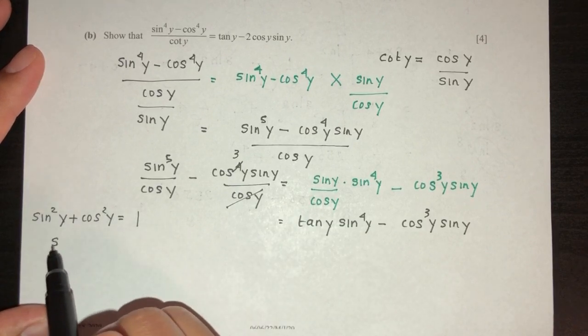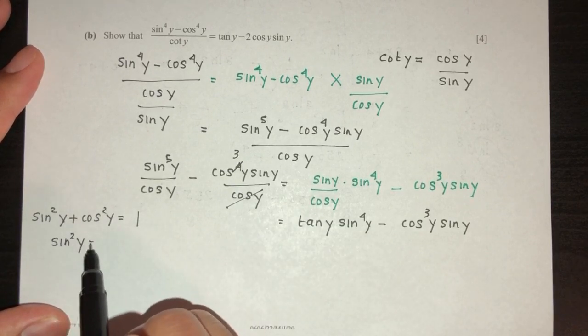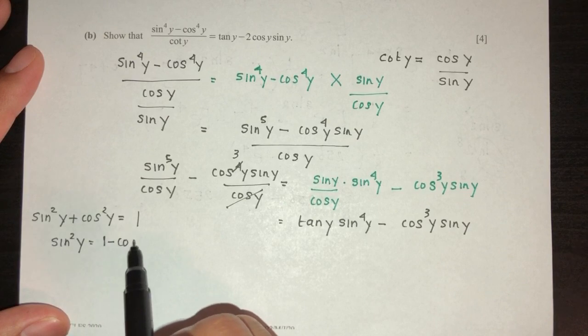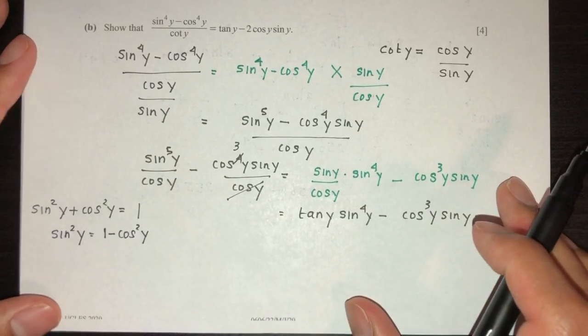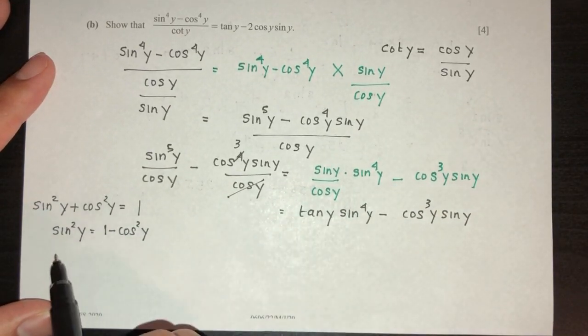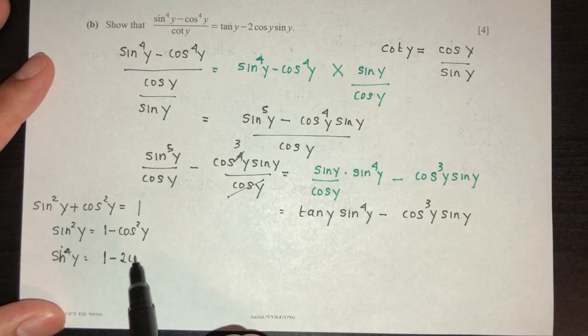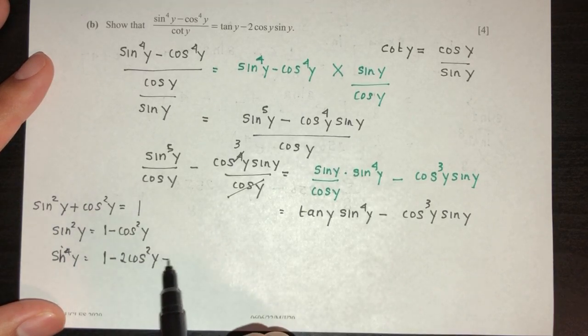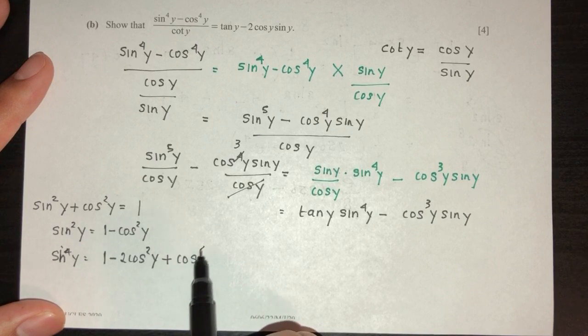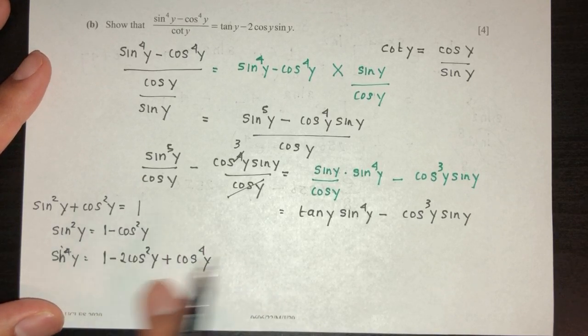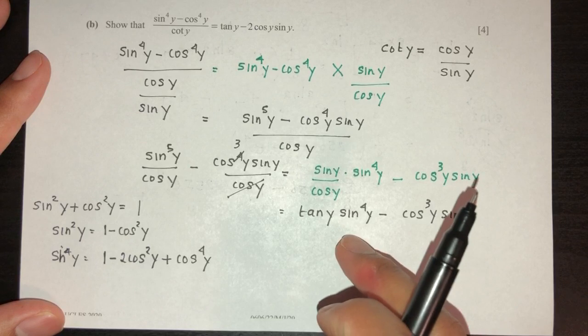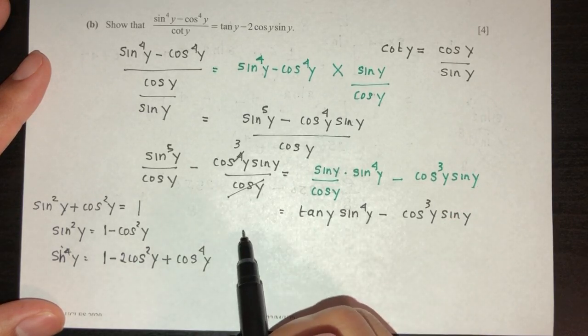Here sine square y should be 1 minus cos square y. But here we have sine power 4, so we have to square both sides. That will be 1 minus 2 cos square y plus cos power 4y. Replace this one back in this and see what happens.